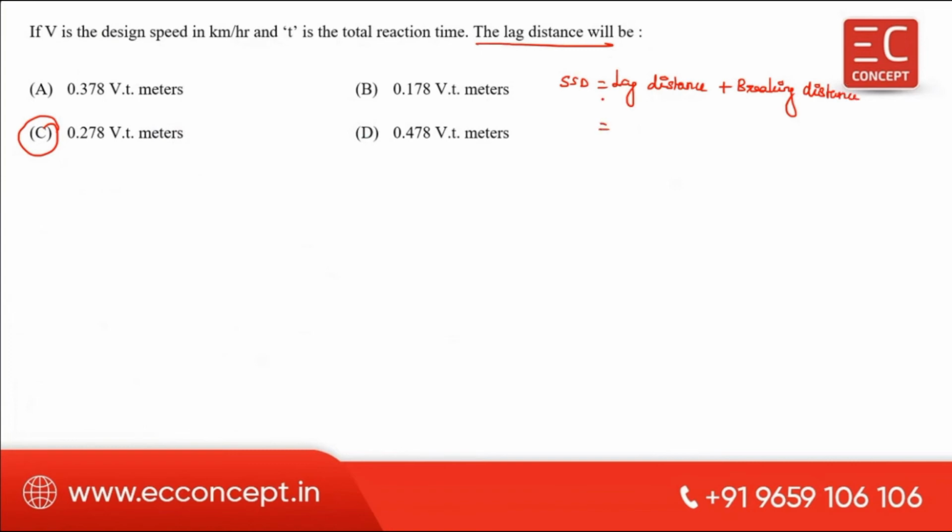What is a lag distance? That is 0.278 Vt. What is a braking distance? V squared divided by 254 F. So this is the SSD. So this is our answer. Answer for this question is C.